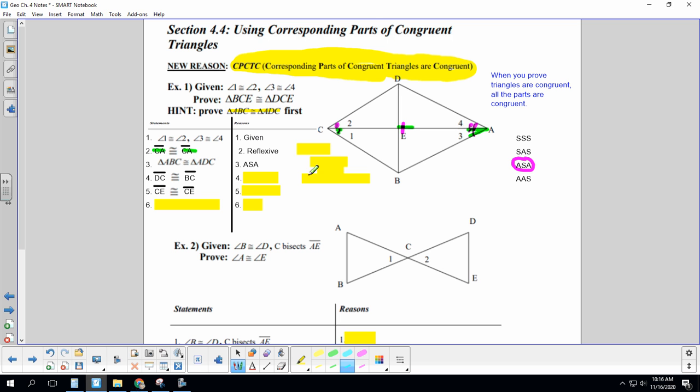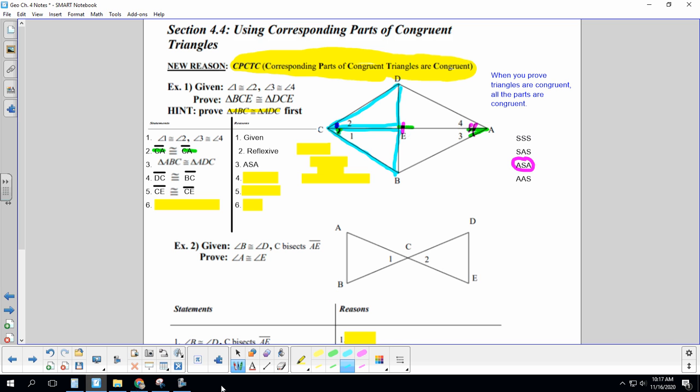So the little triangles are BCE and DCE. We have that this angle is congruent to this angle.